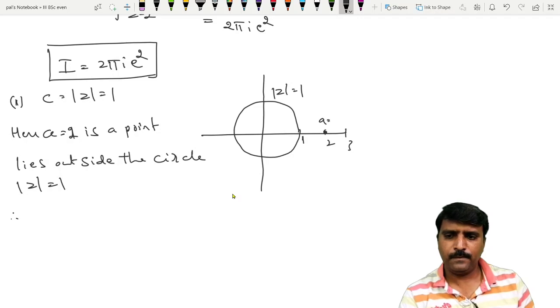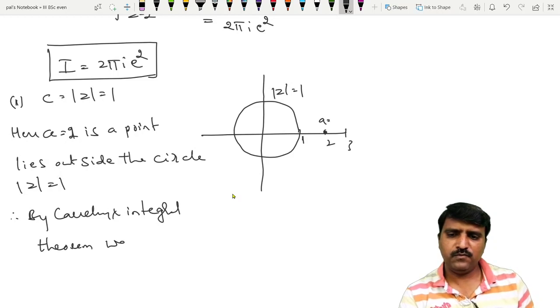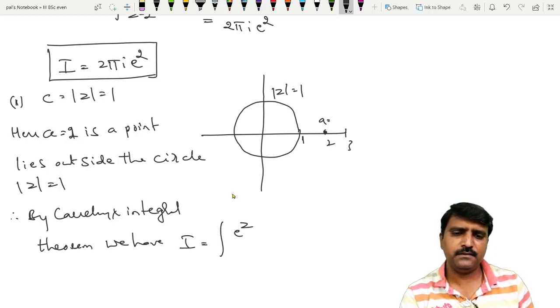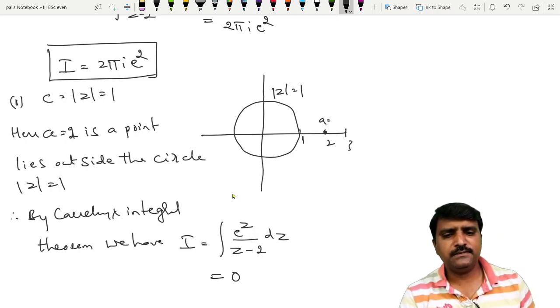Therefore, by Cauchy's integral theorem, we have I is equal to the integration of e to the z by z minus 2 into dz is equal to 0. If this is the point outside the region, write its answer directly as 0, by using Cauchy's integral theorem.